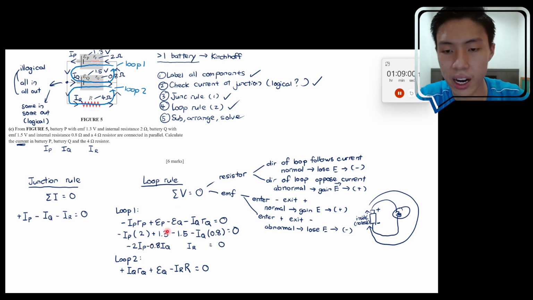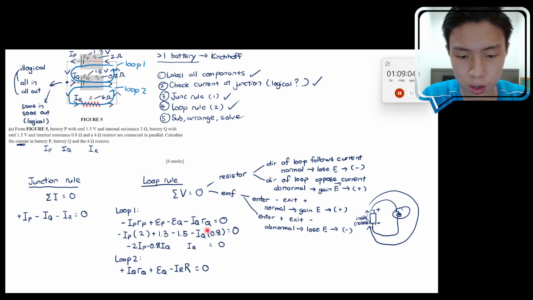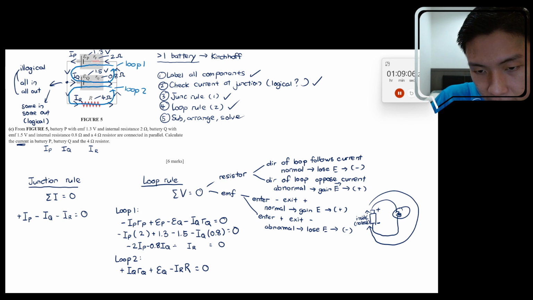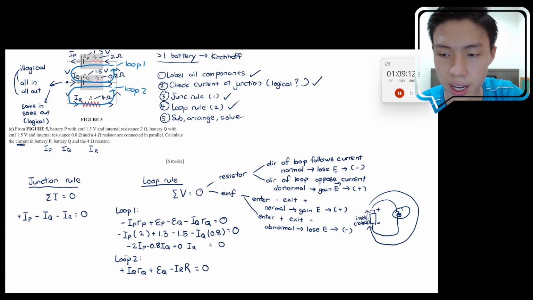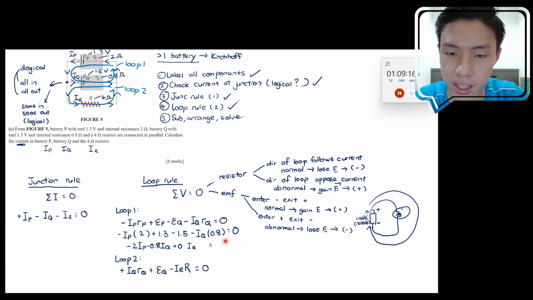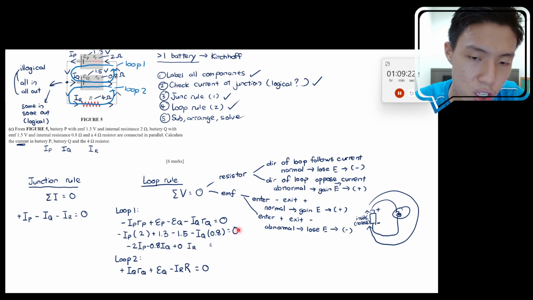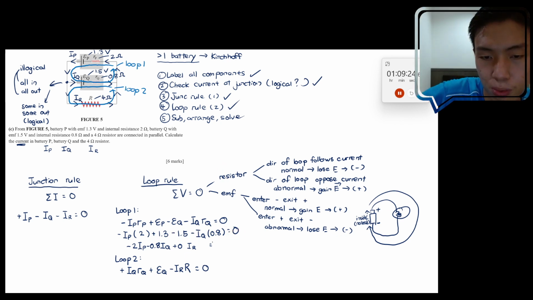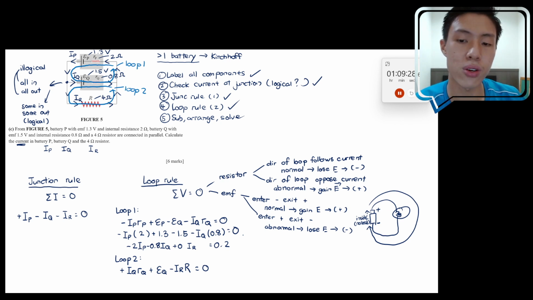What do you have for IR? There's no IR in this equation, so there will be plus 0 IR. Then the rest of the stuff, or you can call it the constants without unknown, you put on the right hand side over here. So 1.3 and 1.5, if you calculate it, you get negative 0.2. Shift it to the right, you'll get positive 0.2. So this is your equation. This is how you arrange it.